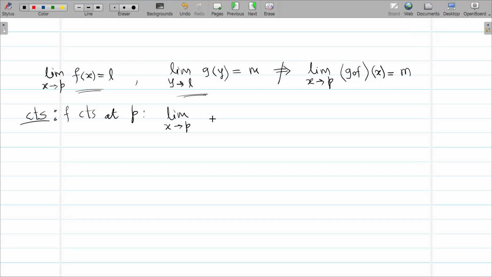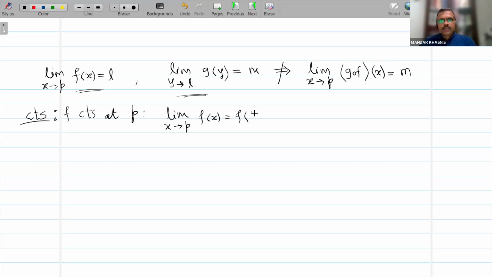The limit as x goes to p of f of x equals f of p. Then, of course, you have the epsilon delta definition for limit, which is applicable here also, so you can always write this in terms of epsilon delta. When you say a function is continuous, the limit not only exists, but the answer to the limit should match the value of the function at the point p.